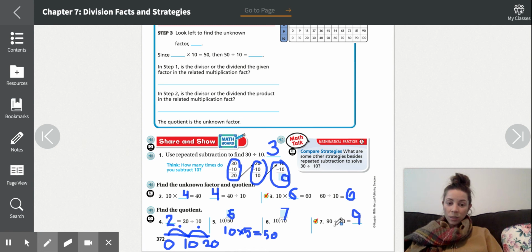So if you notice the pattern, whenever you divide by 10, you just look back at that first total number and get rid of the 0. That actually is going to be your answer. Every time it worked. If you get rid of the 0, that first number is going to be your answer. So that's another pattern you can remember as a trick.